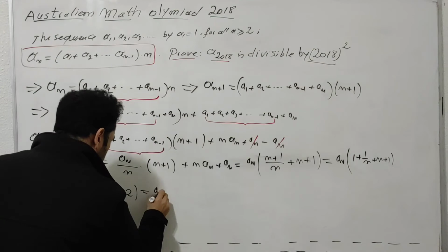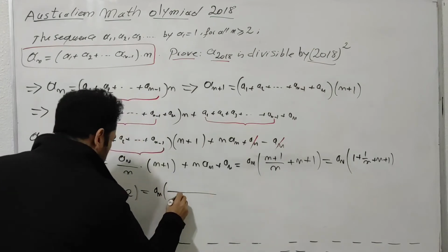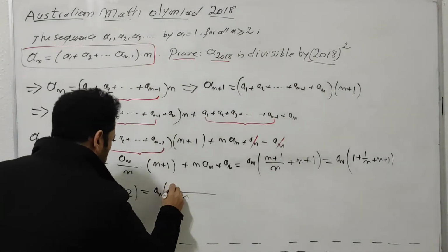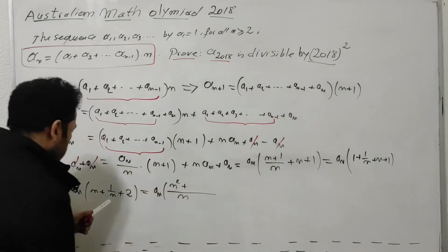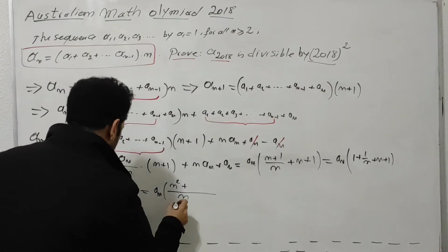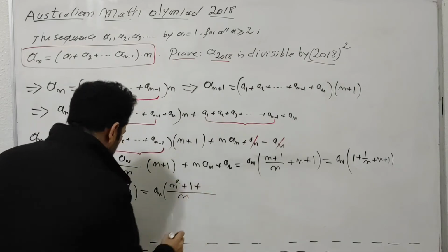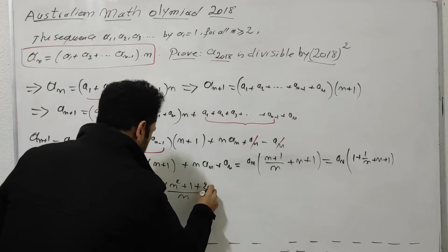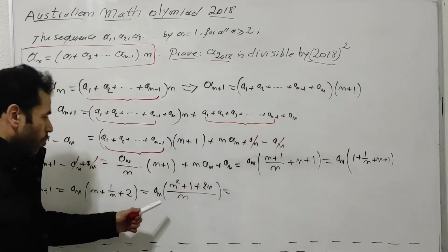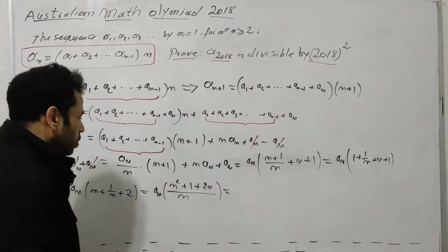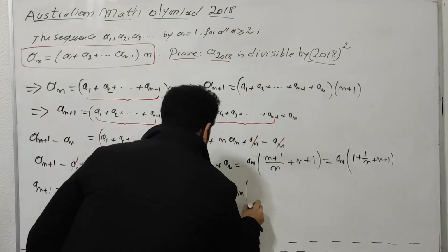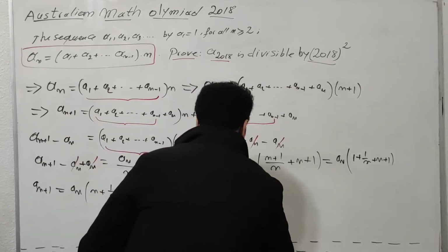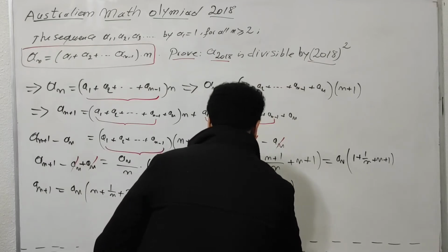I will get a sub n multiplied by: the first term multiplied by n, which is n squared; the second term equal to 1; plus the third term multiplied by n, which is 2n. I'm going to rearrange these terms. I will get a sub n multiplied by n squared plus 2n plus 1 over n.